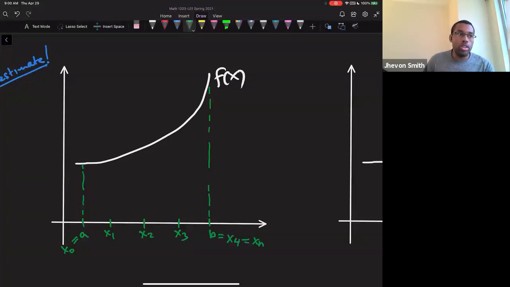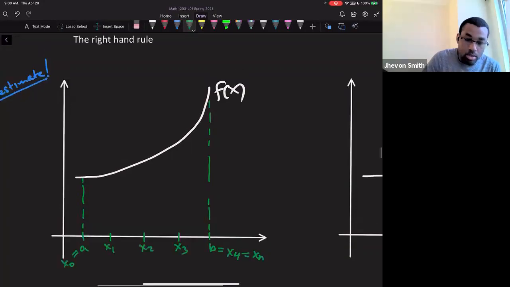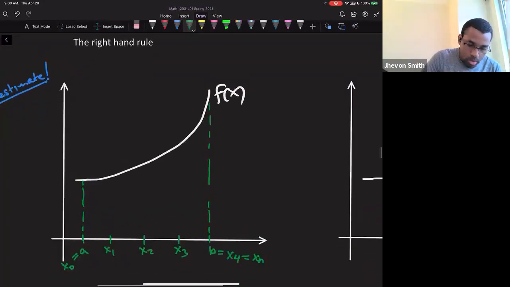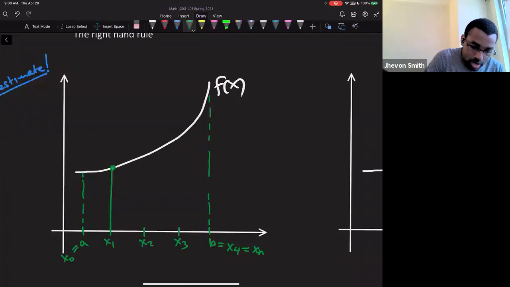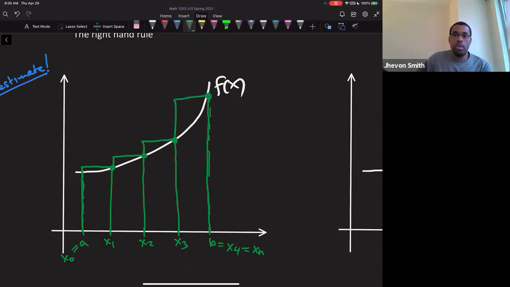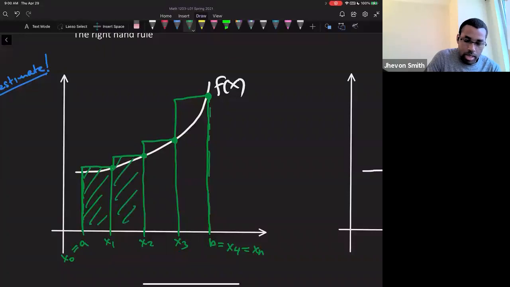Now you use the right side, and that's the right-hand rule. The right side goes up, hits the function, and that determines the height. We do this for each of the 4 rectangles, and now we can approximate the area under this curve by approximating the area of these rectangles.